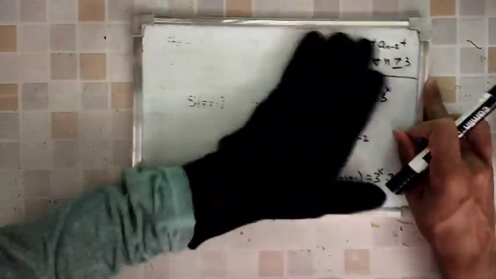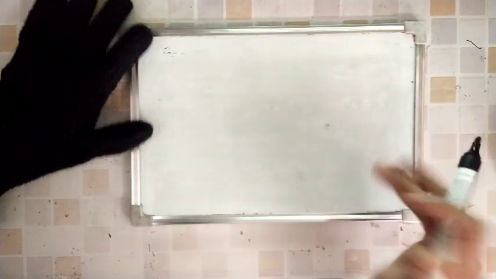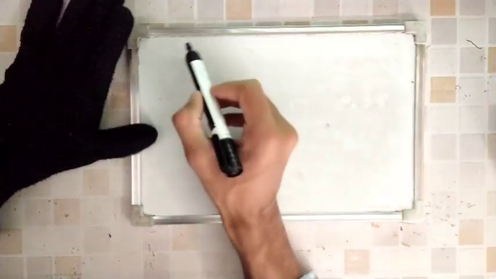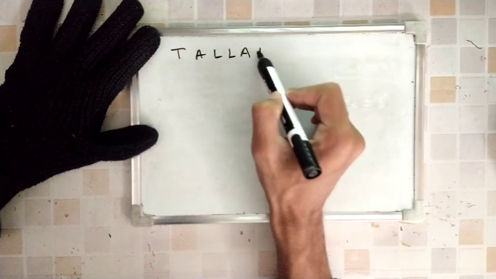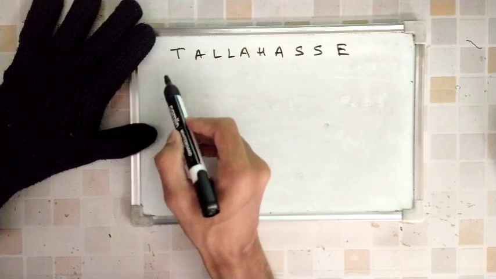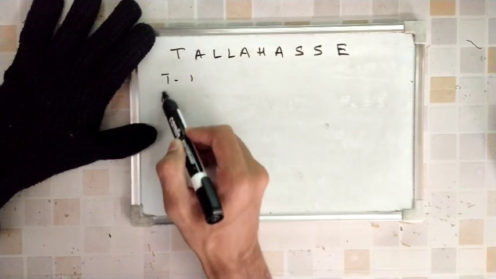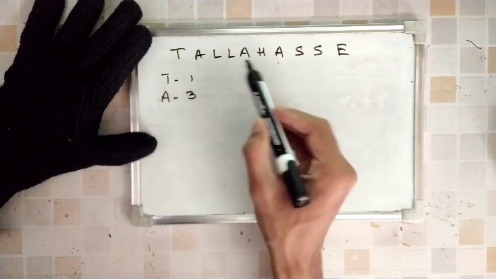So 3c, they have said find the number of ways of arrangement of the letters of the word Tallahassee which has no adjacent a's. So first I have to consider T A L L A H A S S E. So T is one time, A how many times? 1, 2, 3 times.